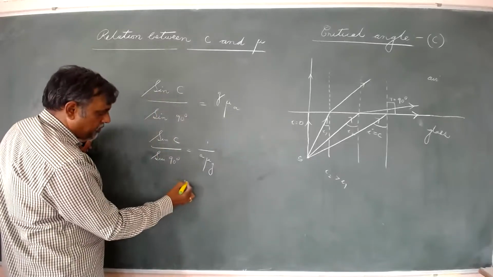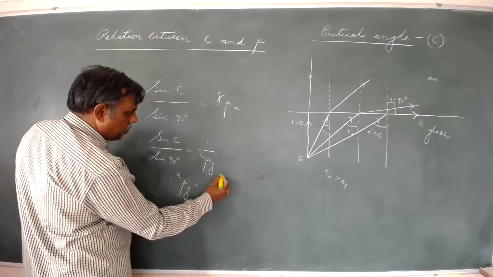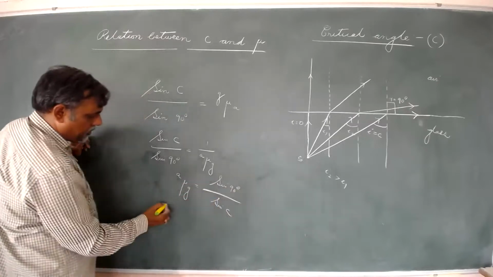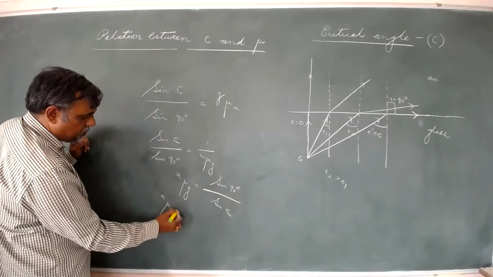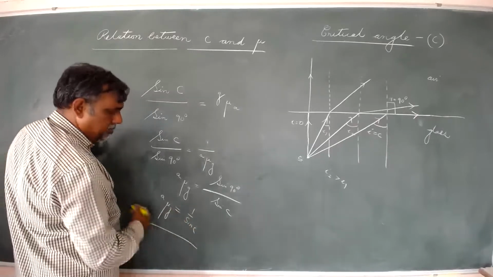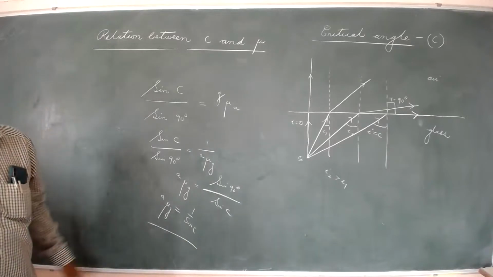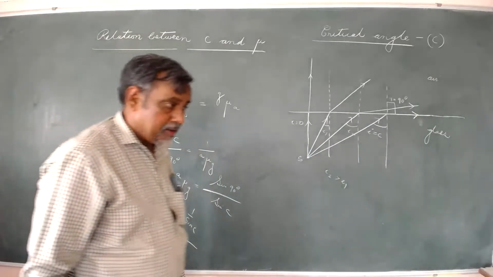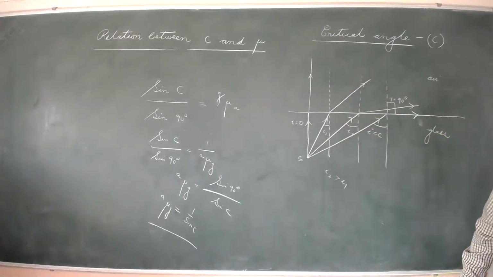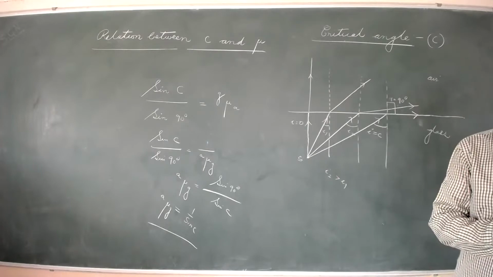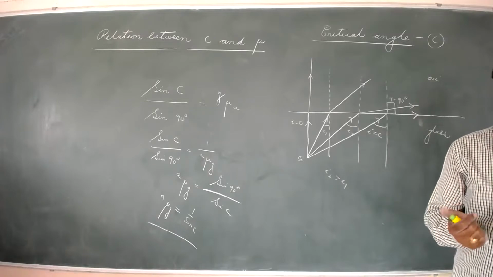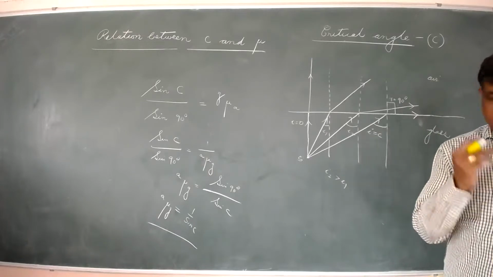So the refractive index of glass with respect to air is the reciprocal, sine 90 by sine C. Therefore, refractive index of glass with respect to air is equal to 1 by sine C. That is the relation between the critical angle and the refractive index. Based on this, we have many applications and many problems that we will have to do.